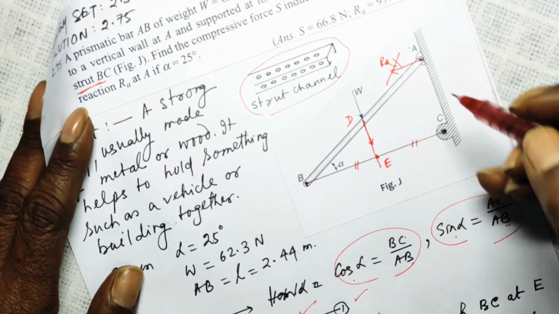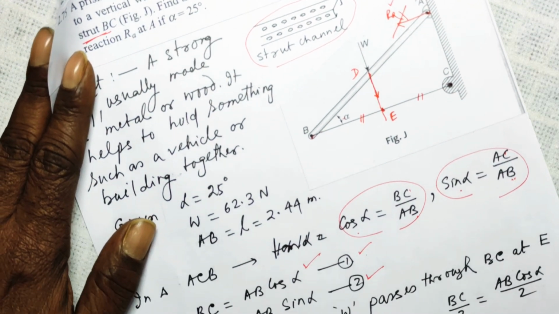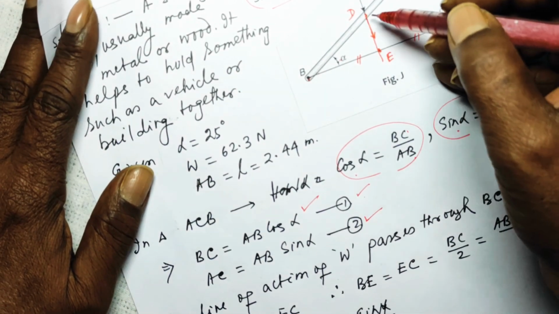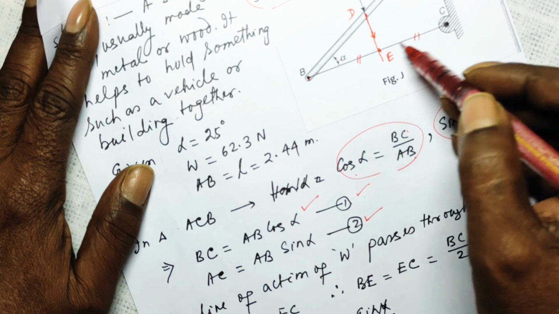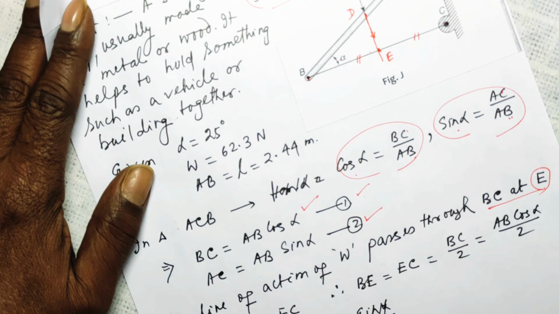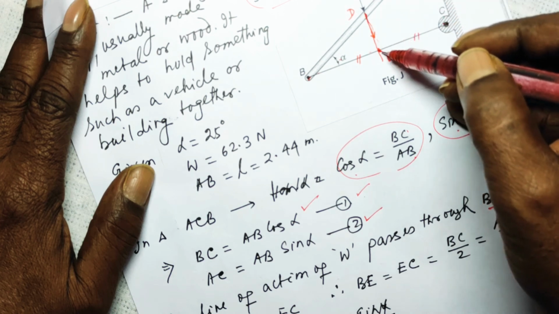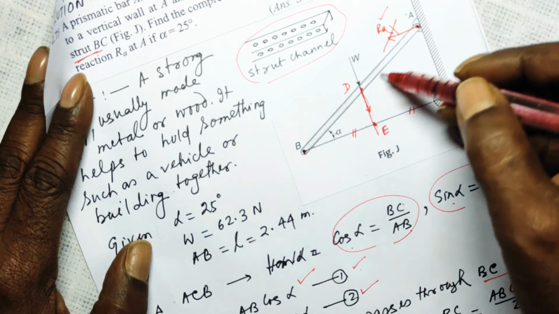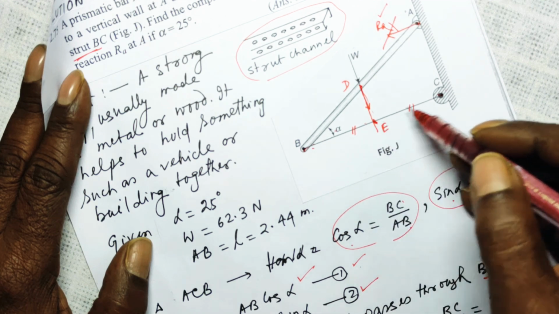I'll tell you the direction of the reaction force RA, but before that, let me explain the line of action of the weight W. The line of action of the weight W passes through this strut at a point E. Therefore, BE is equal to EC, because this line drawn parallel to this side from the center of this side of the triangle will equally divide the side BC into two equal parts.